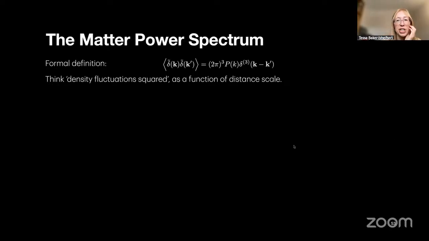But its formal definition is given here on the slide. So the matter power spectrum is the object P(k) sitting in here. And it is the statistical average of your two density fluctuations in Fourier space as a function of Fourier wave number k. So think of it as density fluctuations squared as a function of distance.